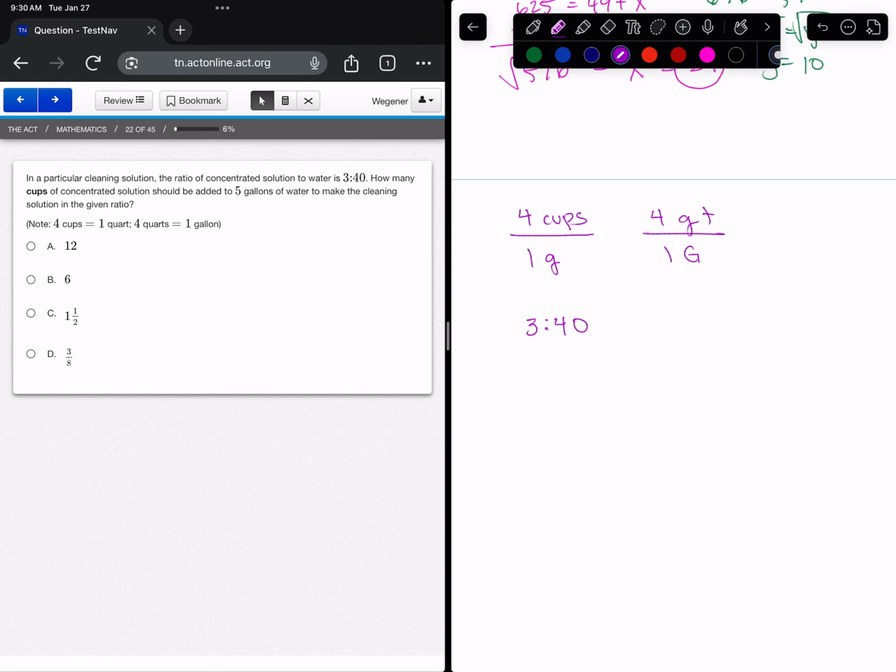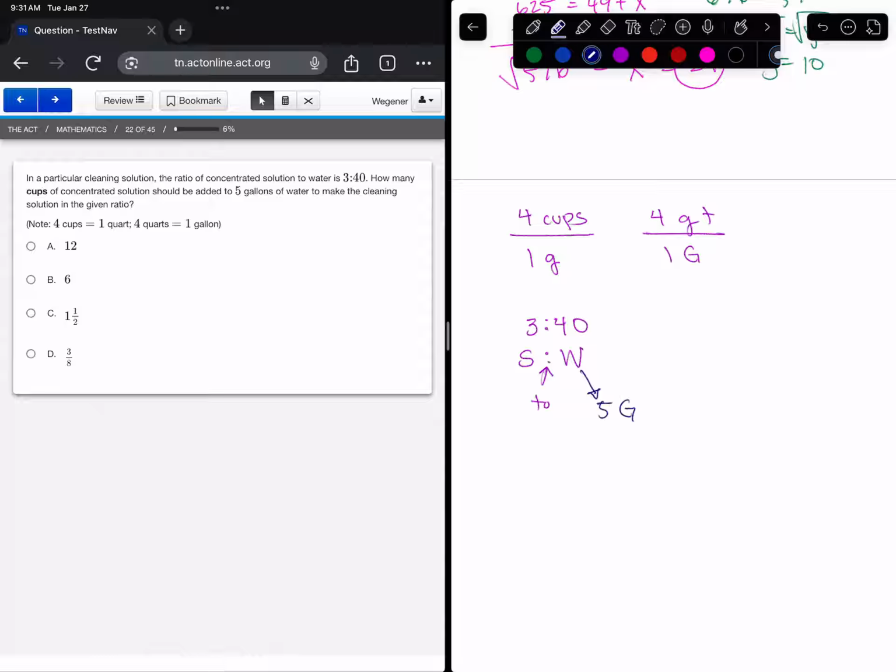So for question number 22, you're basically asking yourself, this right here is my solution and this is my water, because it says solutions to water. What is my water? Well, it's 5 gallons. That's what they gave us, right?